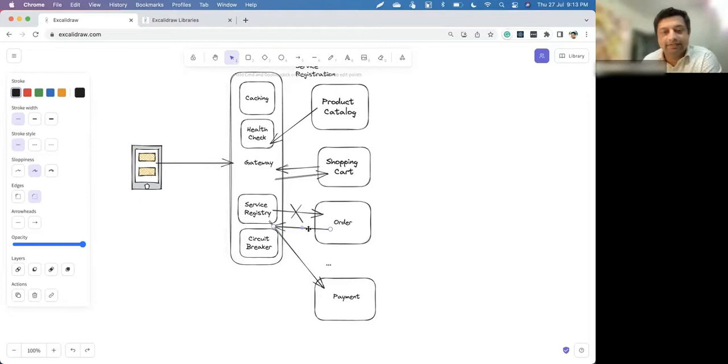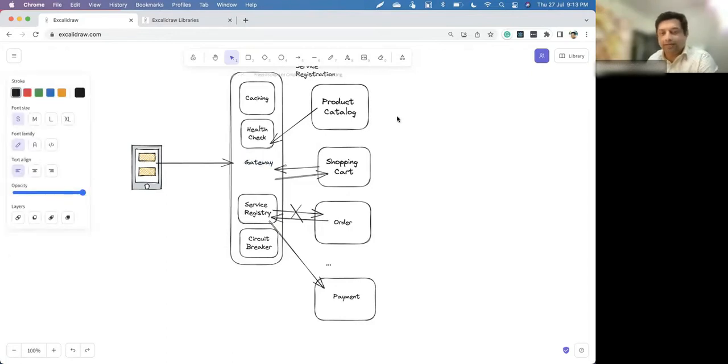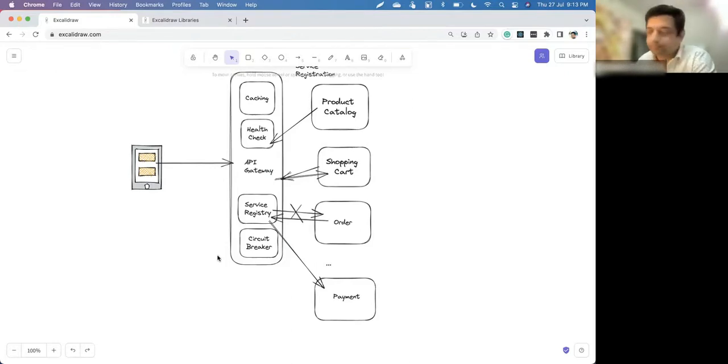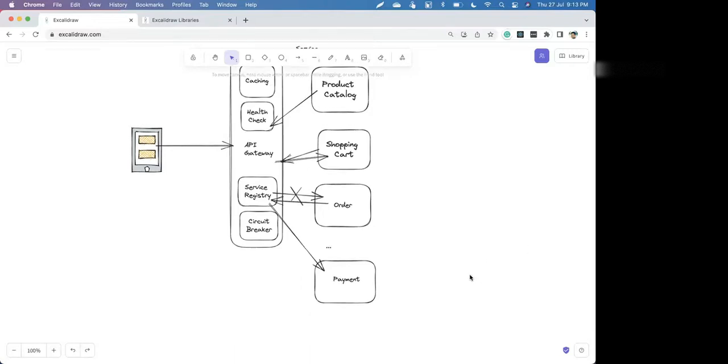Correct? So this is how this API gateway works. This component is called API gateway. So API gateway is very crucial in microservices.